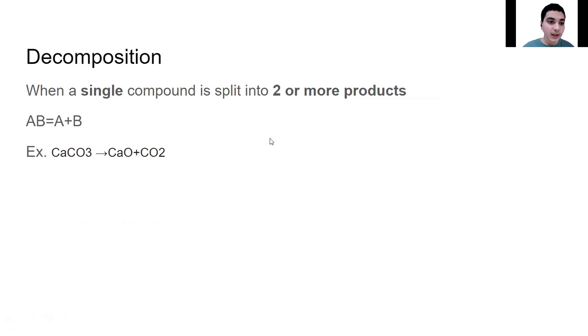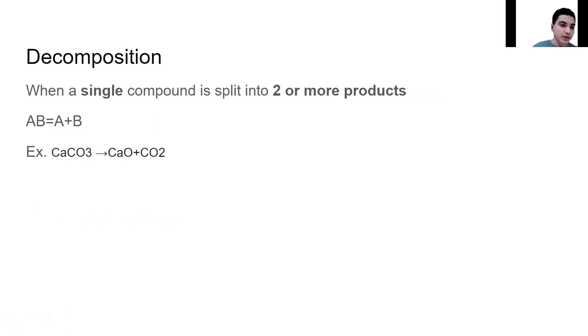Another, second type of reaction is decomposition. This is the reverse of synthesis. It's a single compound, and it can be broken into two or more products. So any number of products, but it must be one single reactant.